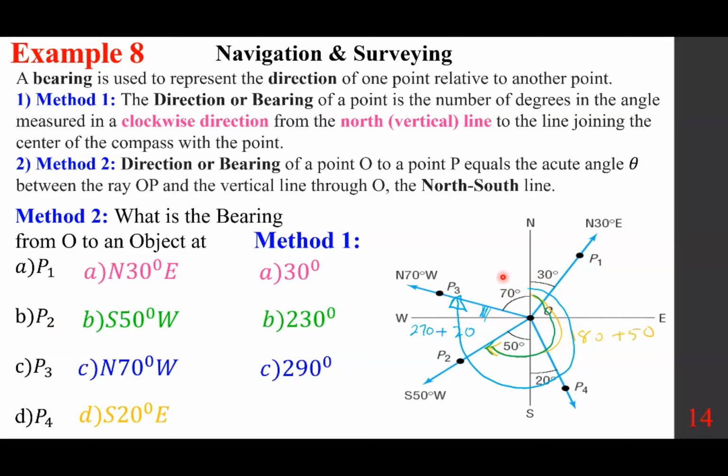We know that this is 90 degrees, and if this is 70, this must be 20. That's why, everybody, this angle, 270 degrees, plus this little one, which is 90 minus 70 or 20, gives us a total of 290 degrees.